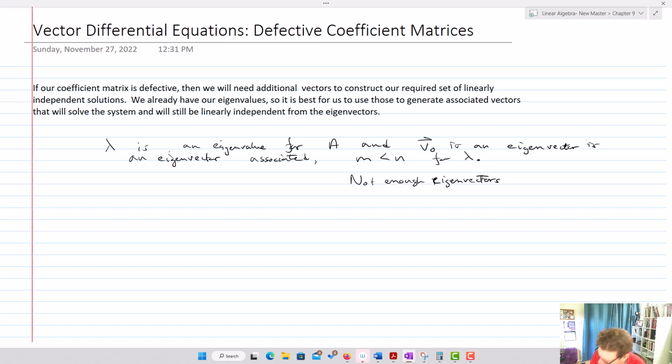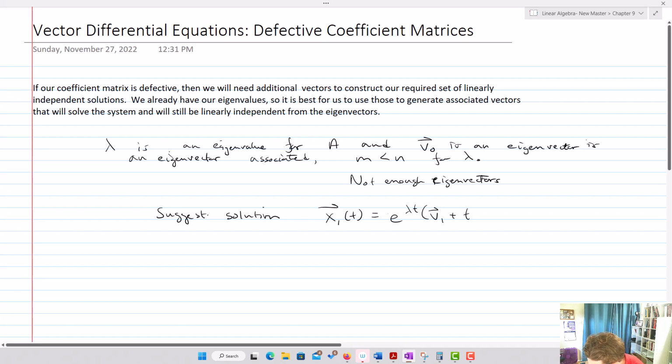And here's our suggested solution: x1 of t is equal to e to the lambda t times (v1 plus t v naught). Okay?